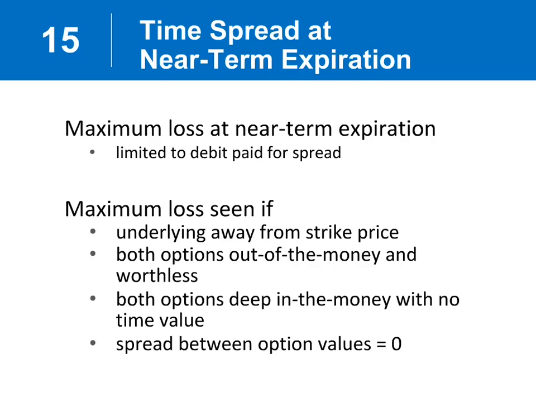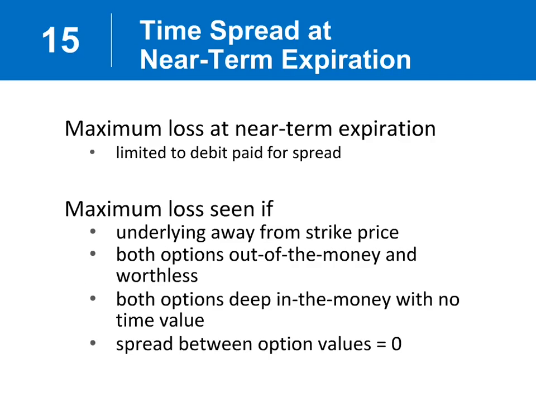Also, if both options are deep in the money, not out of the money, that's going to suggest that the underlying has moved dramatically to the upside. So once again, the spread between the option months will decrease. So those are potential scenarios where the debit paid is going to shrink, and maybe shrink dramatically.